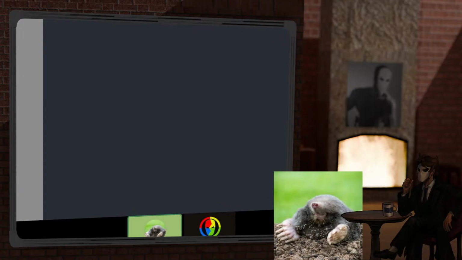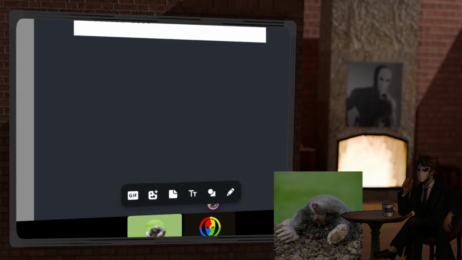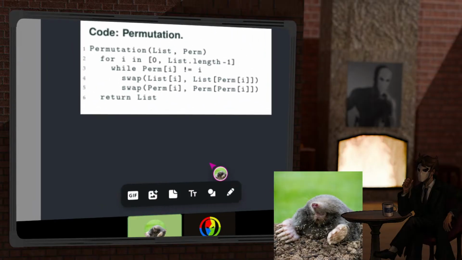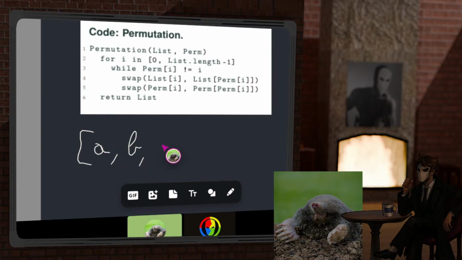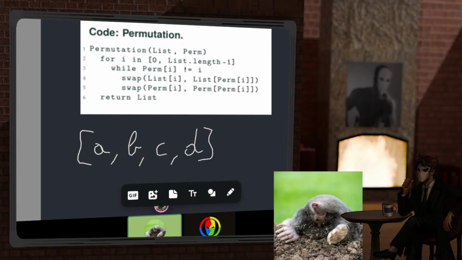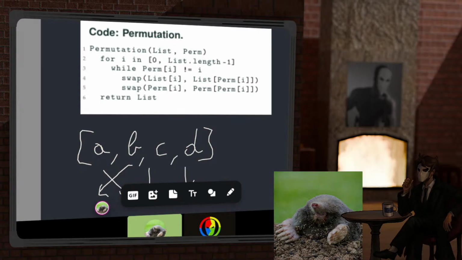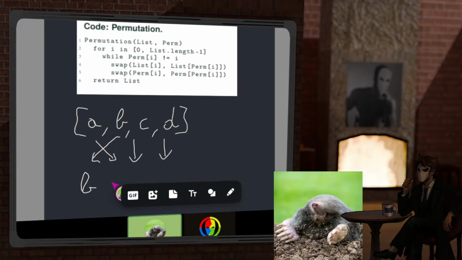Yes, so we have here a little piece of pseudocode. The goal of this algorithm is to take a list of values, like say A, B, C, and D, and we want to apply a permutation on these values to get, for example, this.